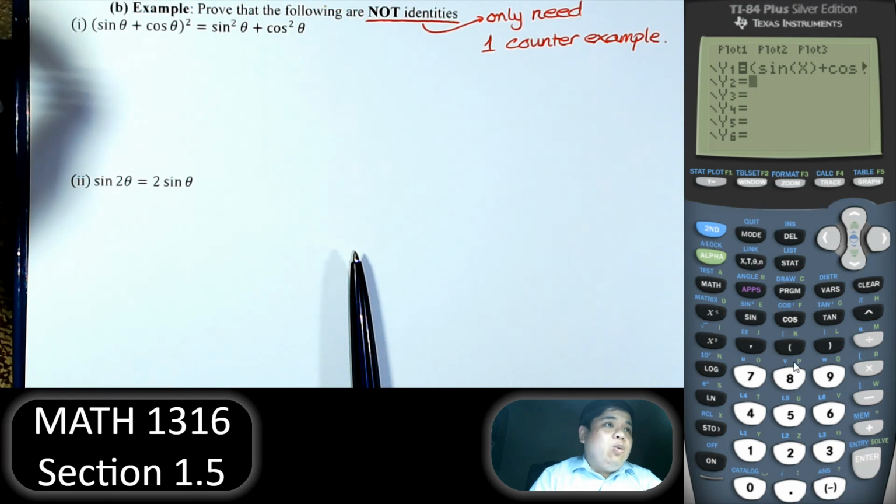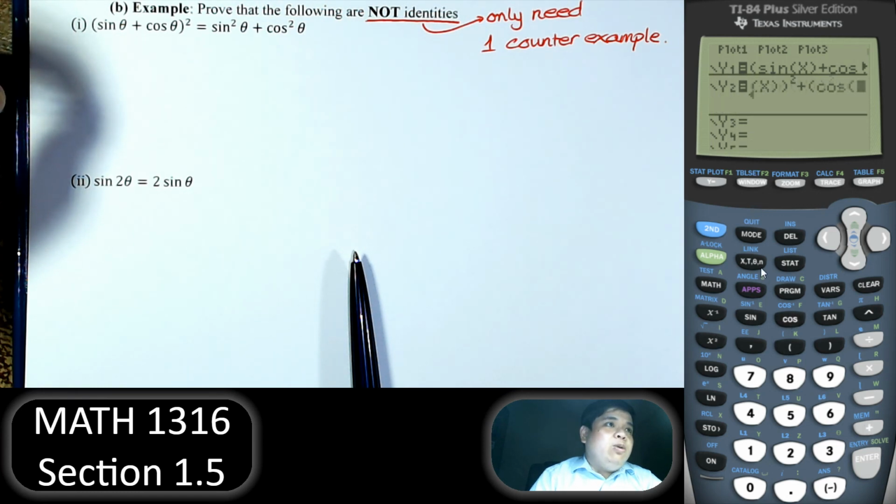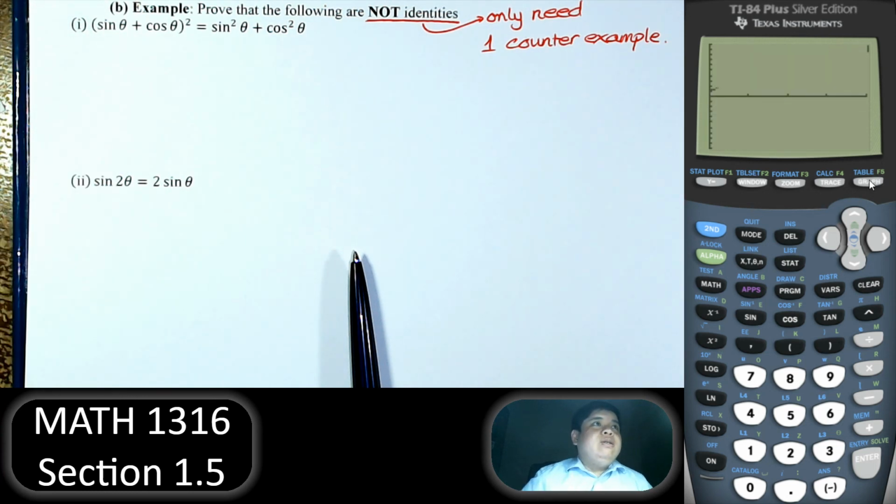And then the second one is sine squared plus the square of cosine. Right, let's see the graph. One function looks like that.